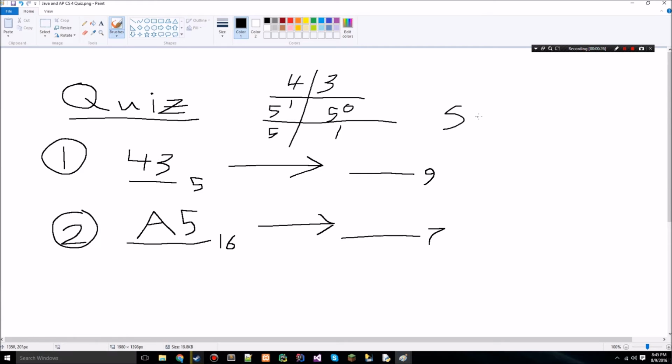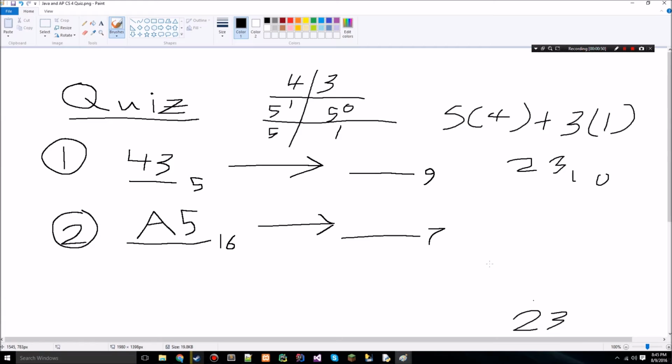So 5 times 4 plus 3 times 1 is what this is in base 10. So 5 times 4 is 20 plus 3, so 23 base 10.